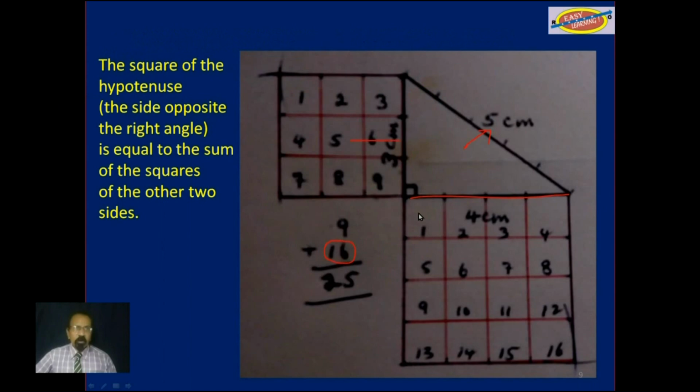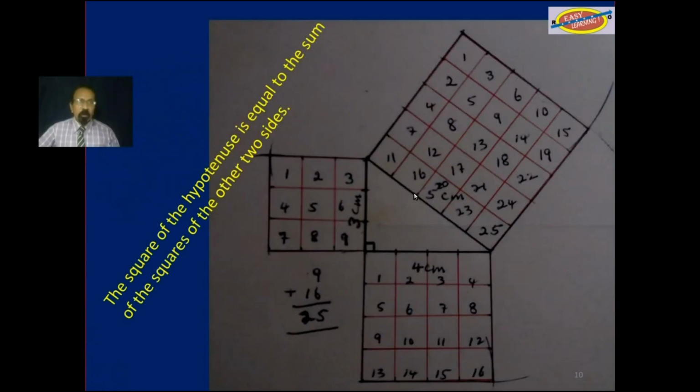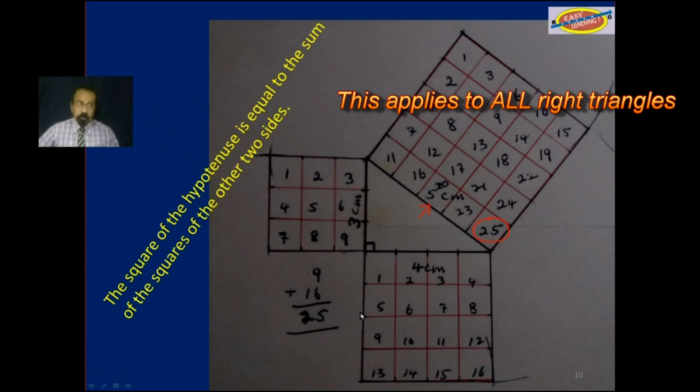If you square this side here, we have 9 square units. If you add them up, you get 25. If you square the hypotenuse, you will also get 25. So the square of the hypotenuse, which is 25, is equal to the sum of the squares of the other two sides. 9 plus 16 will also give you 25.